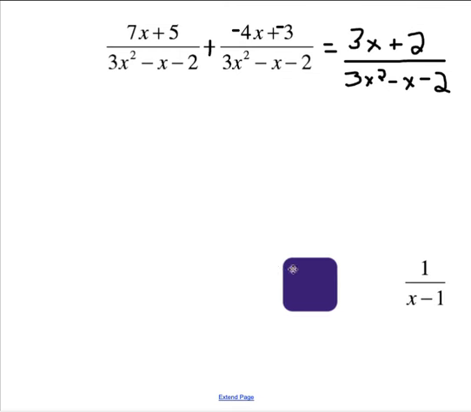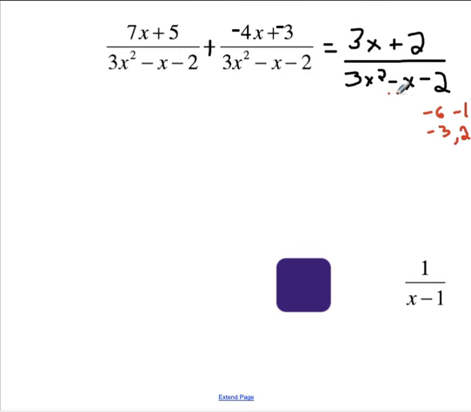In this case, it is. How did we get that? Well, this denominator, 3 times negative 2 is negative 6. Middle term is negative 1. Two numbers that multiply to be negative 6 and add up to negative 1 are negative 3 and positive 2.